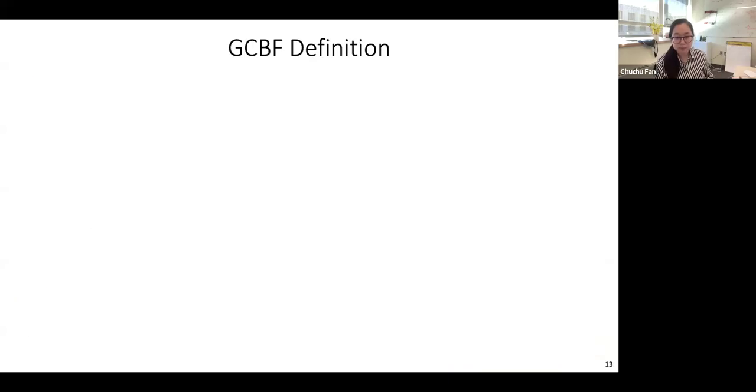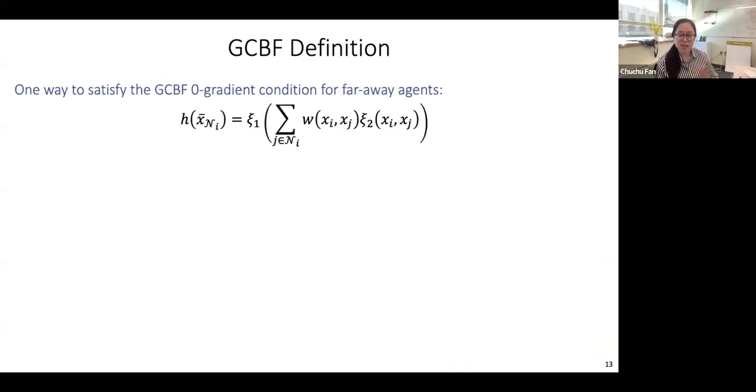Okay, now, as I said, one critical part of GCBF is that the gradient of h has to be 0 for agents that are far away, and you can imagine it needs to get smaller and smaller as your neighbors get closer to the sensing radius.